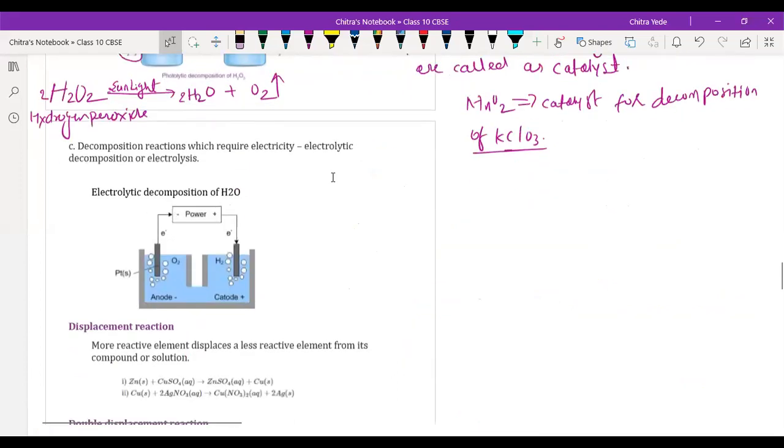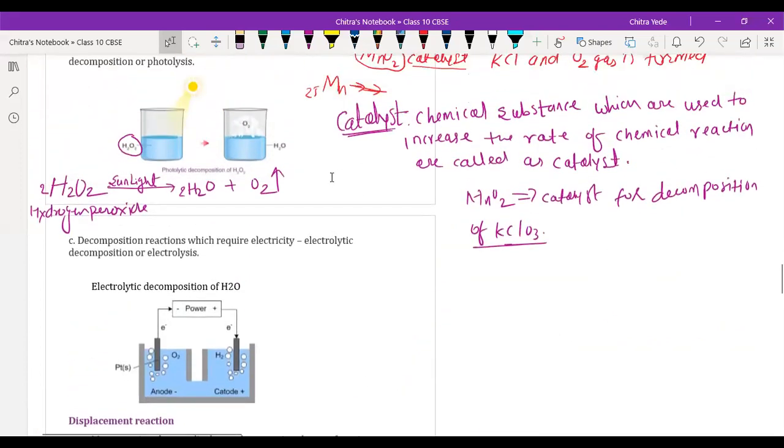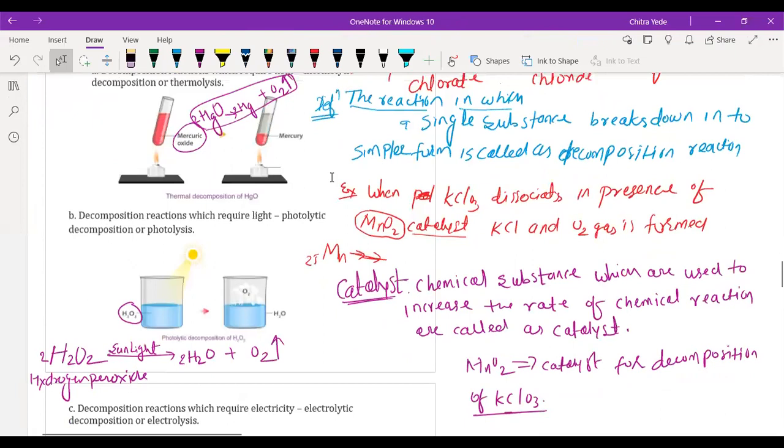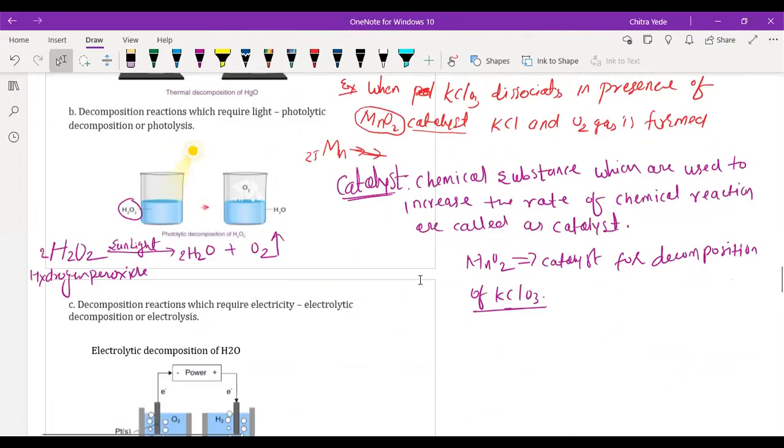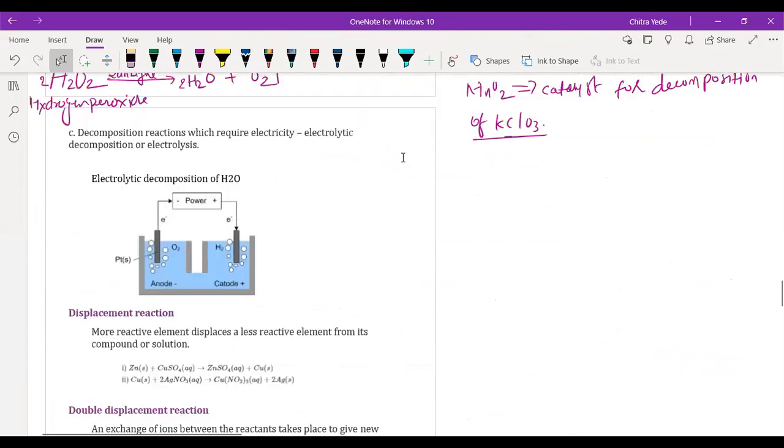So now we will understand some concepts. If a dissociation reaction, I'm going to write different conditions over here.